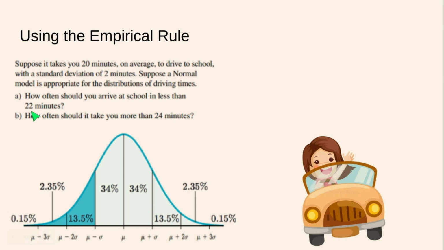So, how often should you arrive at school in less than 22 minutes? How often can we expect or guess that we're going to arrive at the school in less than 22 minutes? All right, estimate would be the best word. How often can we estimate that? And then second, how often should it take you more than 24 minutes?